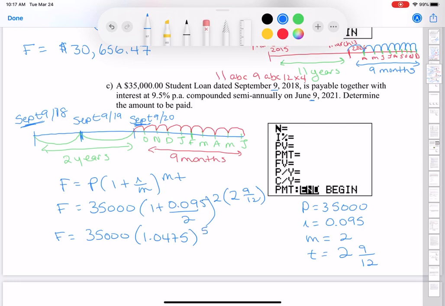And this comes out to 5.5. And then we can get our final answer. And we're going to round that final answer, and only that final answer, to 2 decimal places. So it is 45,176 and 77 cents.